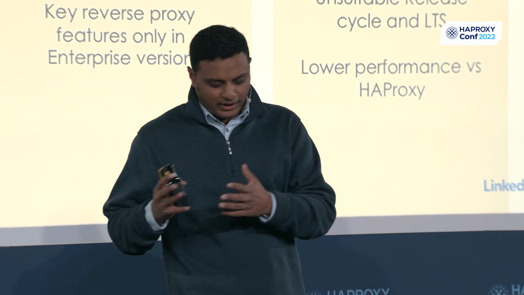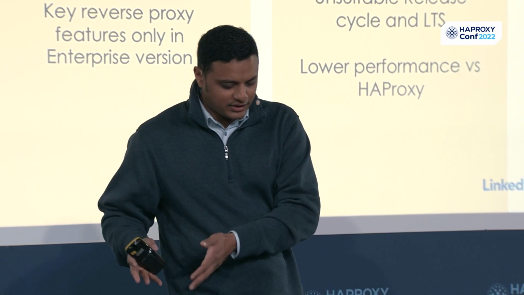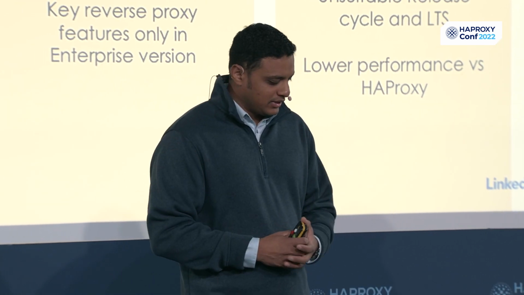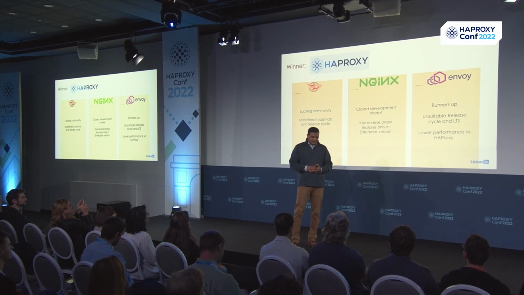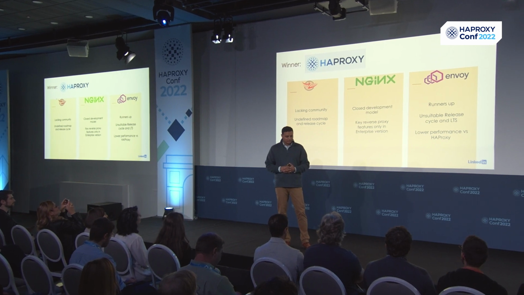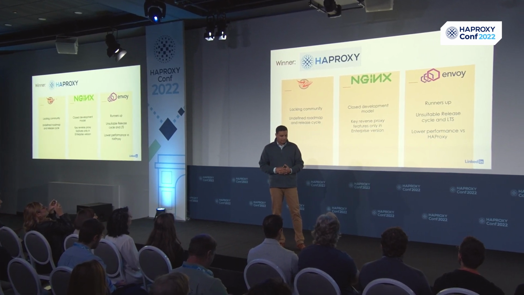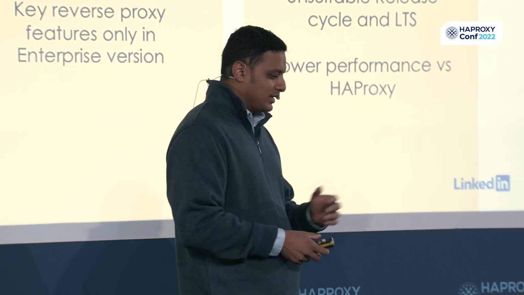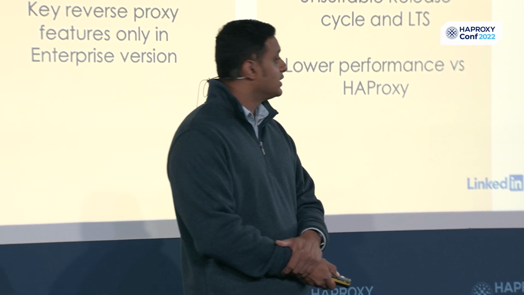So that would mean we would take the focus from developing our features to focus more on upgrade activities. So for that reason, and also HAProxy was better than the wish list we're looking at, we decided to pass on Envoy and select HAProxy.